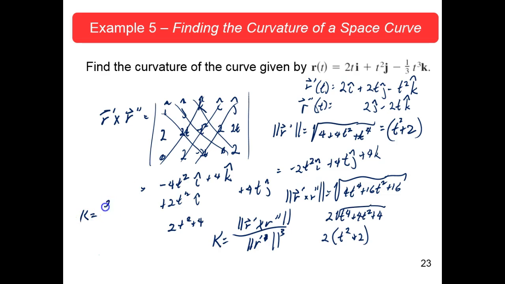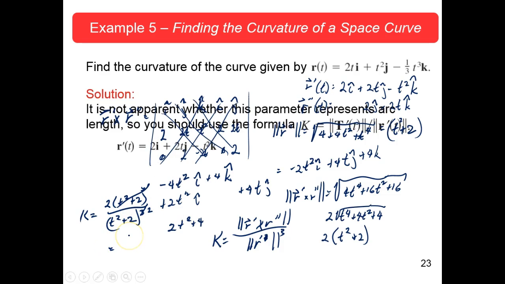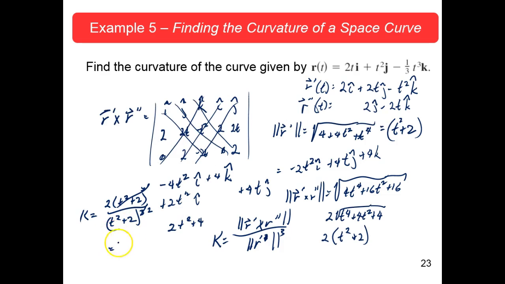It's 2 times t squared plus 2, divided by t squared plus 2 cubed. One of those cancels, which leaves you squared. So this is 2 over t squared plus 2 squared.